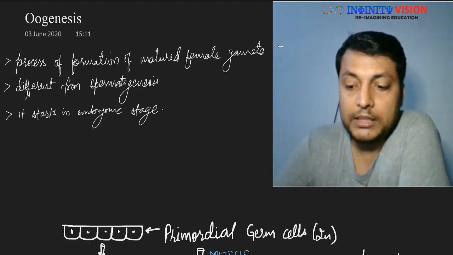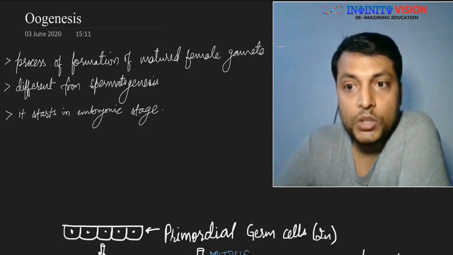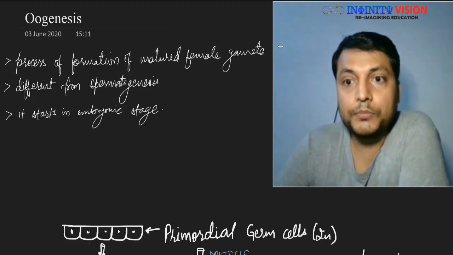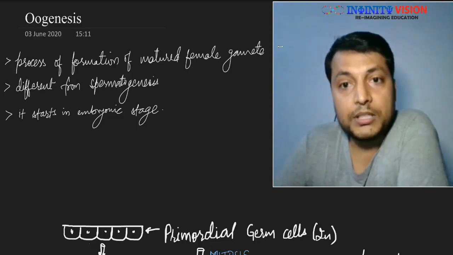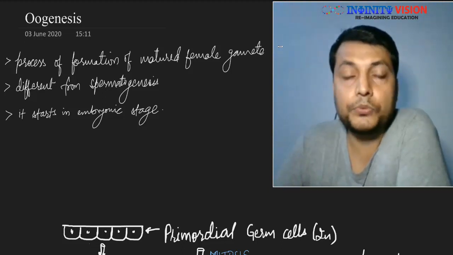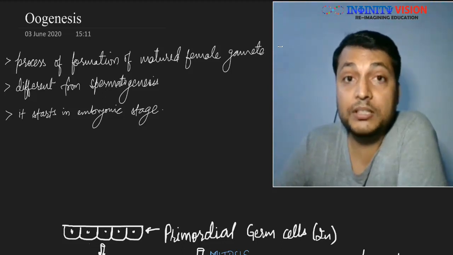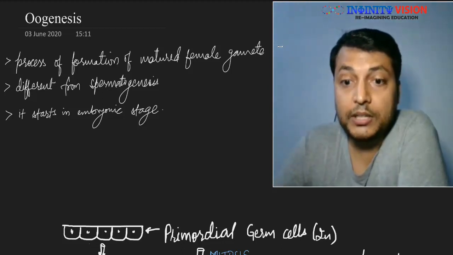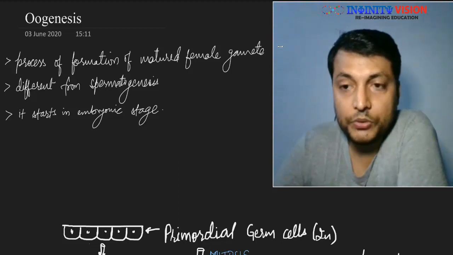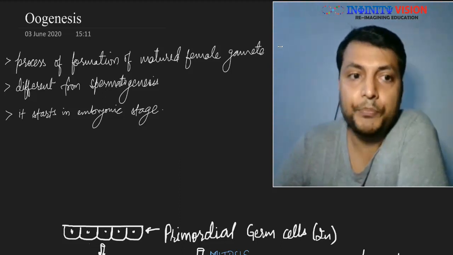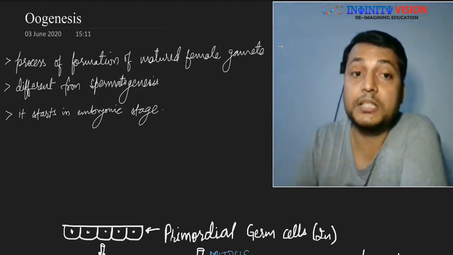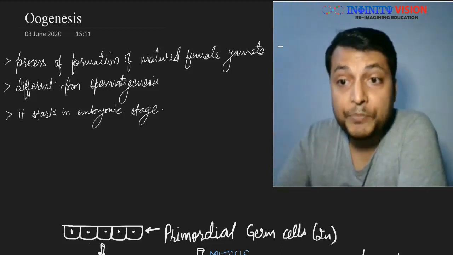Cells are arrested in prophase 1. After that, meiosis 1 is completed, and then again the cell is arrested in meiosis 2, especially prophase 2. So here the meiosis is not continuous, rather there are gaps in between. The cells remain arrested. So we will see there are a lot of differences between spermatogenesis and oogenesis.